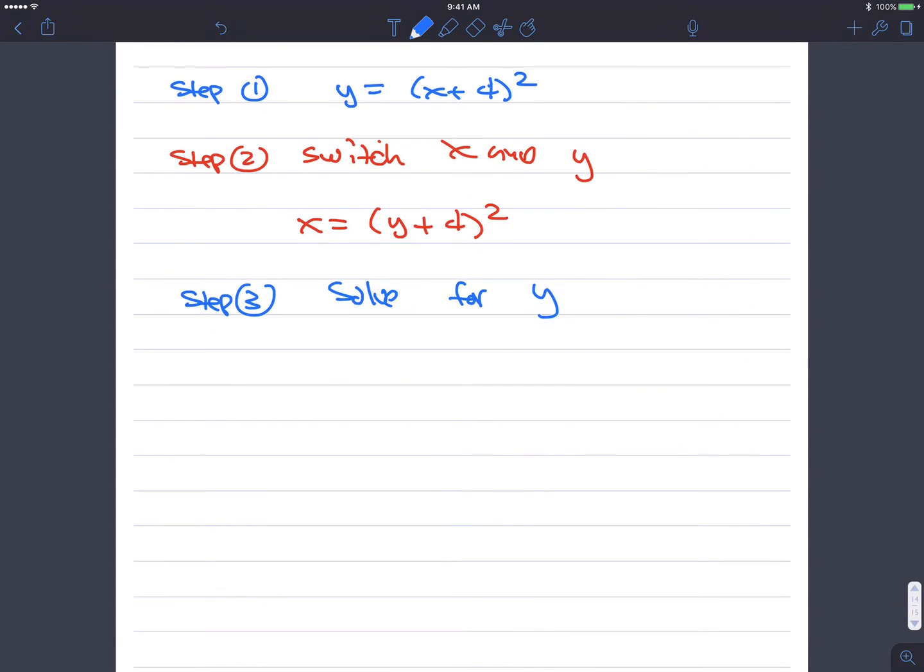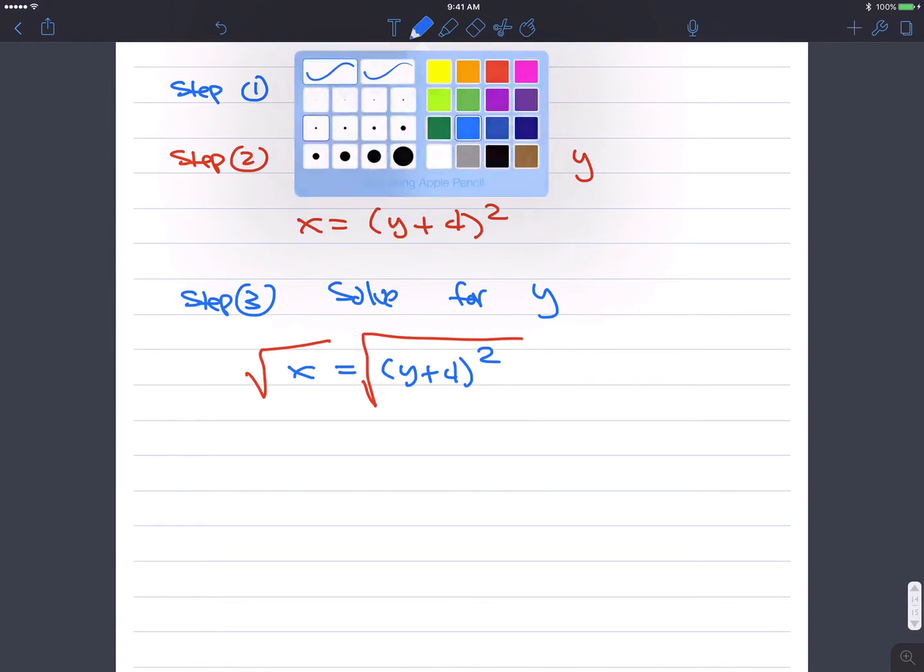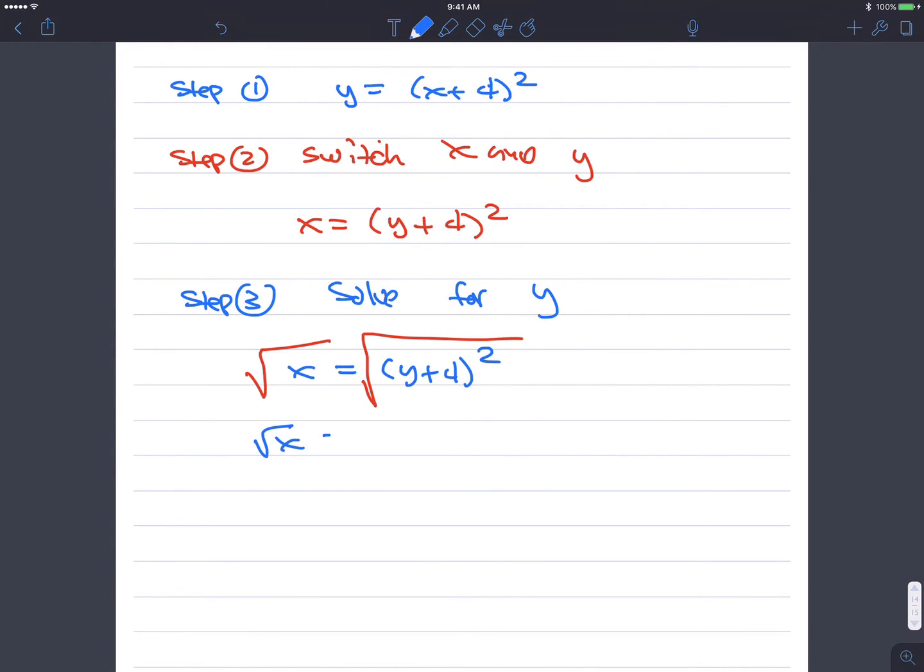Okay. So if I have to solve for y, I get x is y plus 4 to the second power. You guys know how to solve for y? Not square. Take the square root of what? Of both sides. You get square root of x is, what's the square root of something squared? It's y plus 4.